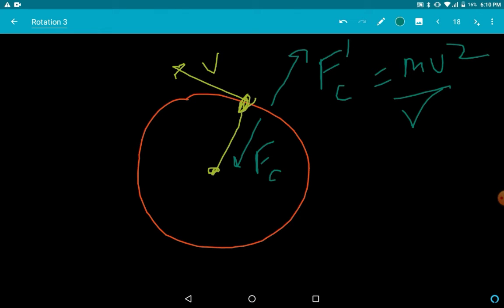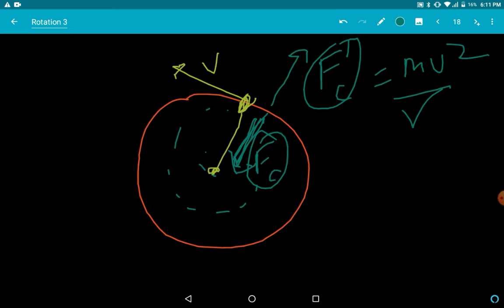It is not a real force, it is also not the force of reaction of a centripetal force. As I told, it's a pseudo force. Otherwise, the force would attract the ball inside and the ball slowly would come closer to the center, so this balances this out. Okay, so it always remains in that circular path.